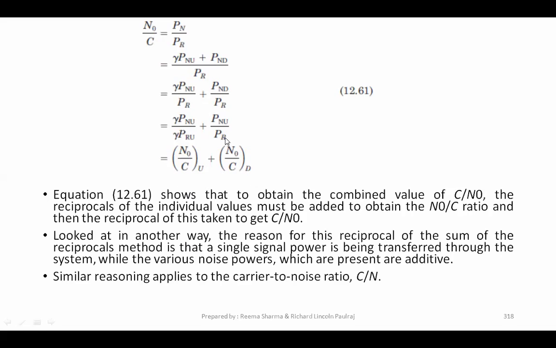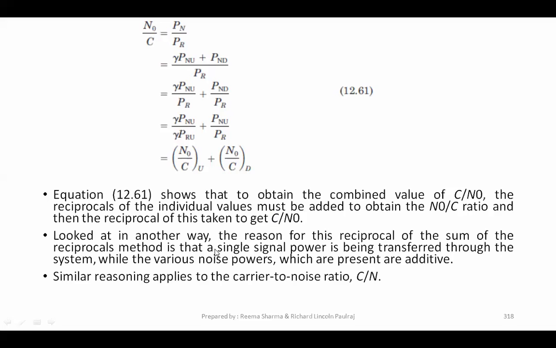The equation that you see here shows that to obtain the combined value, the reciprocals of the individuals must be taken. So it's as good as taking the reciprocal. Instead of taking C by N naught, we are taking the reverse.